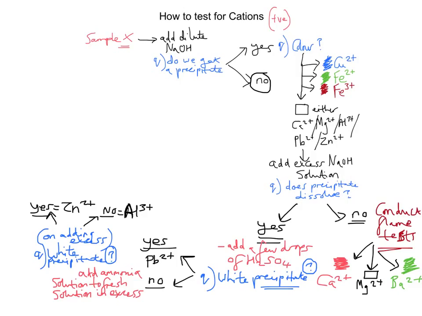So now what we need to do is gently warm the liquid, and we're going to hold indicator paper over the tube.